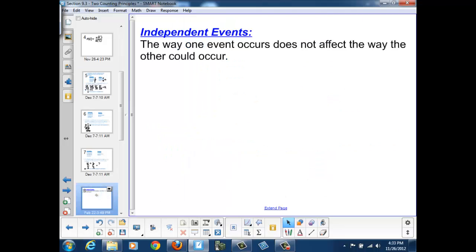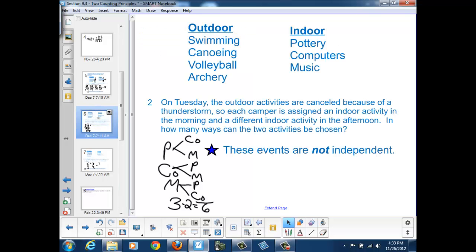However, if events are not independent, for instance, in this situation, where our choices were limited to indoor activities for both the morning and the afternoon, once we've chosen a morning activity, our afternoon activity choices are different depending on our morning choice.